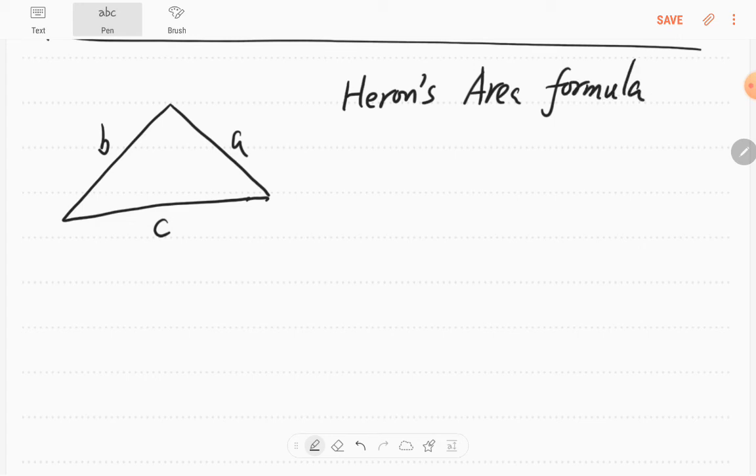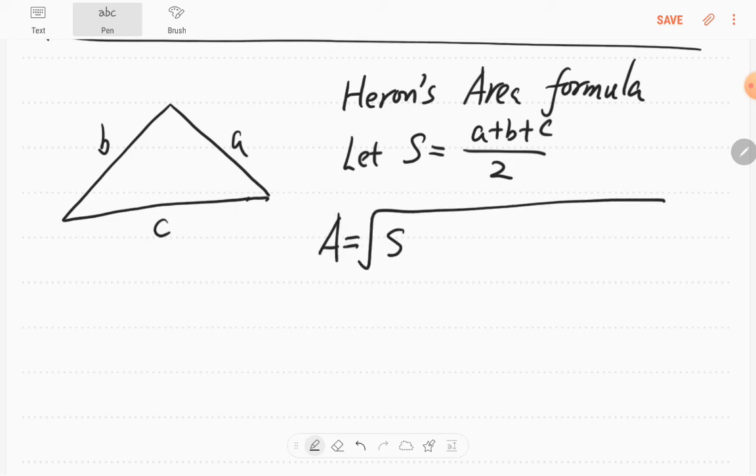If we let s be half of the perimeter of this triangle, which is a plus b plus c divided by 2, then the area is equal to the square root of s times (s minus a) times (s minus b) times (s minus c).